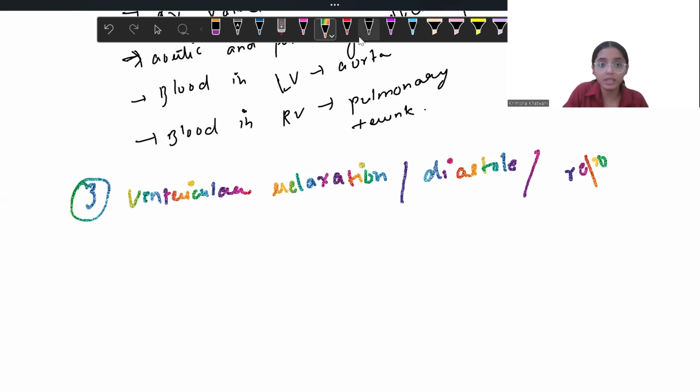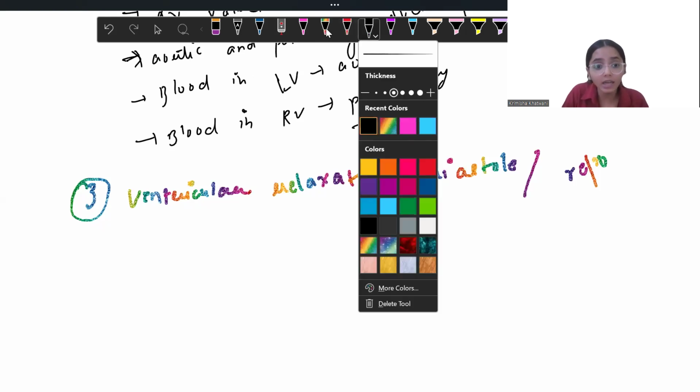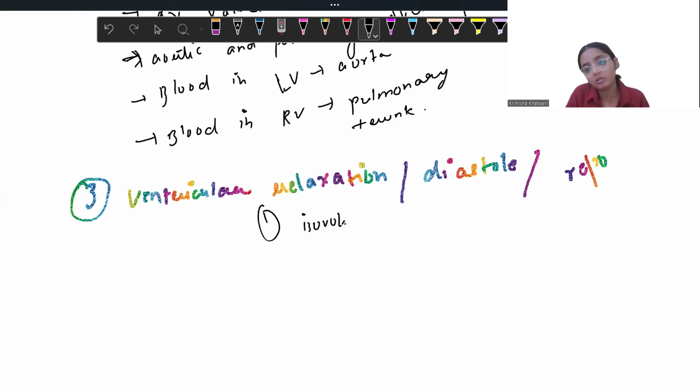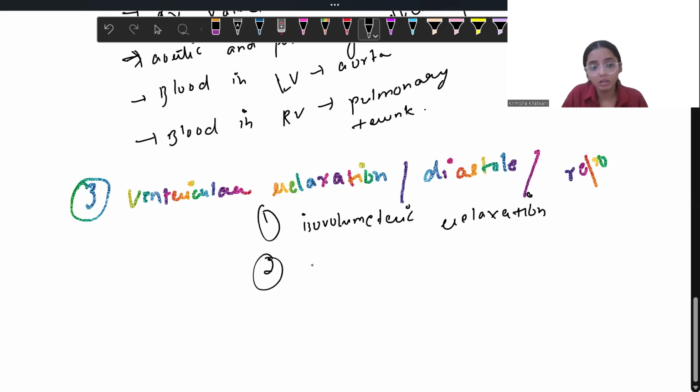So during this phase, like that of ventricular systole, this event of the cardiac cycle has two phases. The first one is isovolumetric relaxation. The second one is ventricular filling.